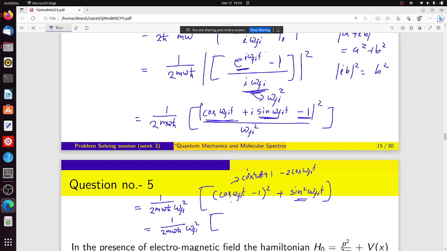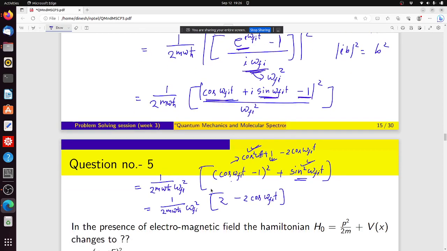Then there is a cos square here and a sine square here, which gives me 1. There is already a 1, so it will give me 2 minus 2 cos omega fi t, right? Now you can take 2 common, then cancel it with this 2, and simplify.